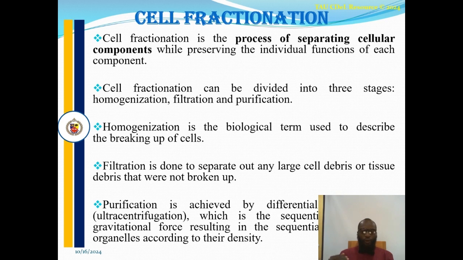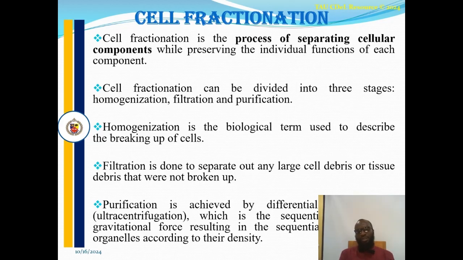Then you go for a higher speed at a longer duration. When you do this, more of the organelles will separate out. These organelles separate out based on their size and weight.